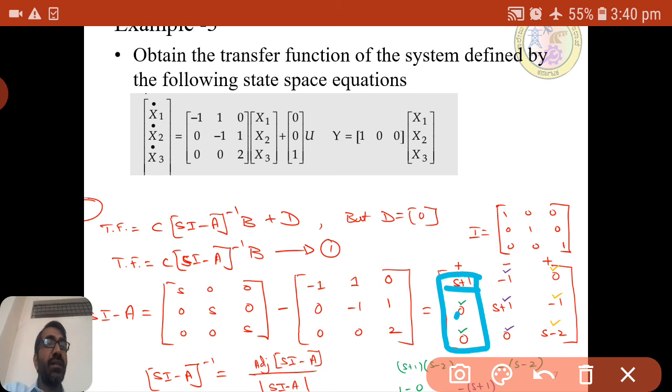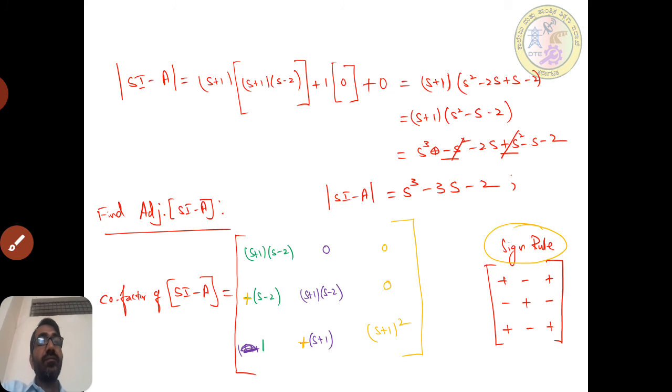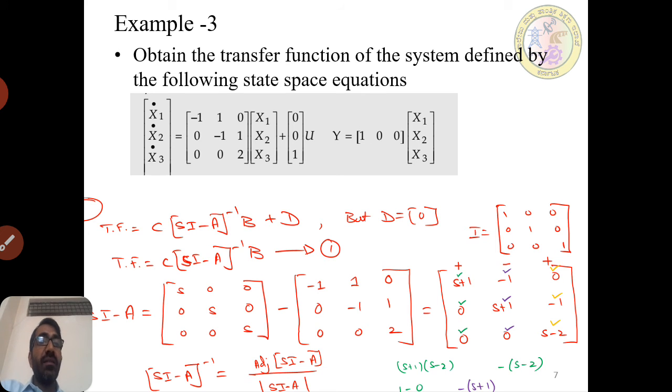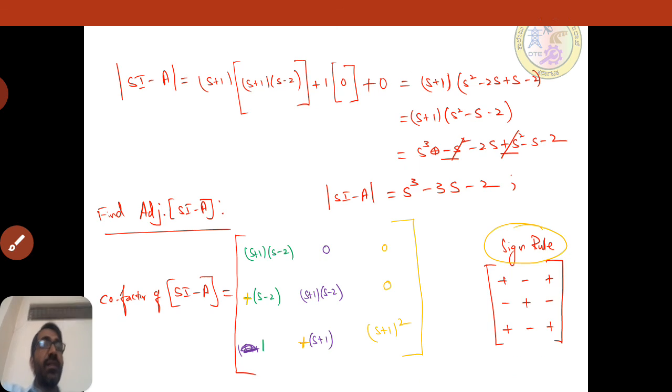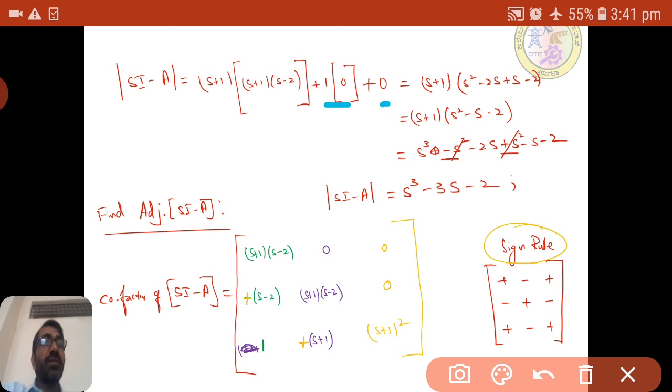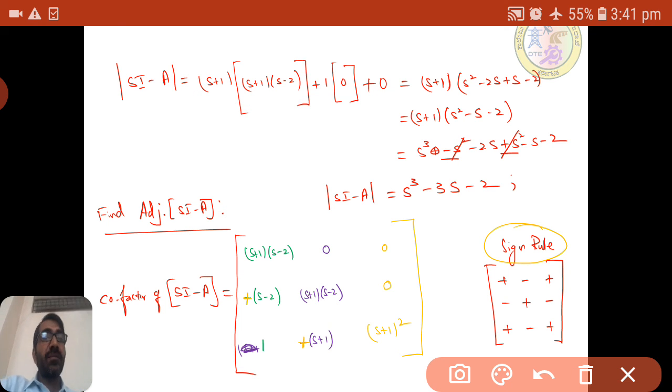This determinant is nothing but this multiplication minus this one. Because two terms are 0 here, we can take only this term, this minus this one. So this term is 0, this term is 0, and directly only this term will be the determinant.